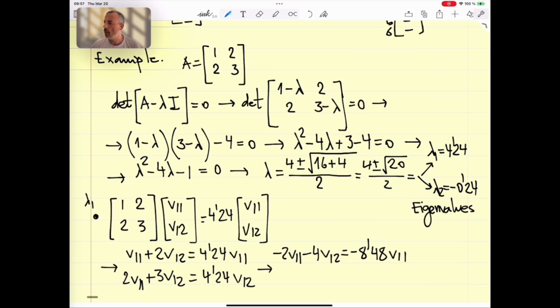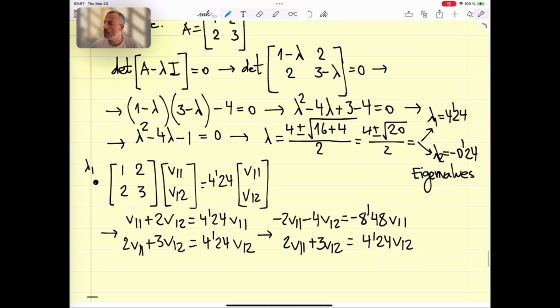And 2V11 plus 3V12 equals 4.24 V12. Okay. And this goes like no, wait, I need to solve it differently.